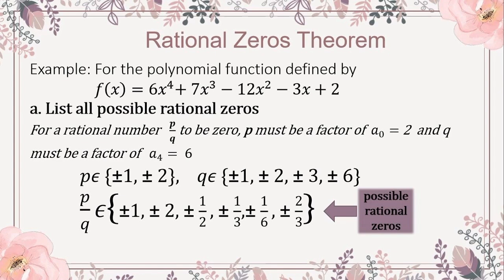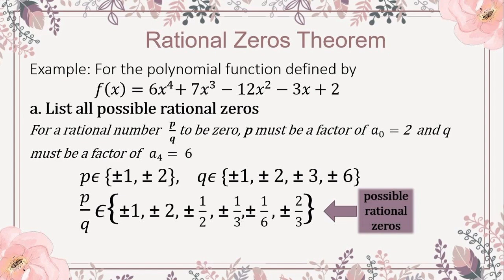So these are the factors of 6, our leading coefficient. We find the factors of 6 and think about pairs of numbers that multiply to 6: 1 times 6 is equal to 6, and 2 times 3 is equal to 6. So now we have our possible rational zeros.